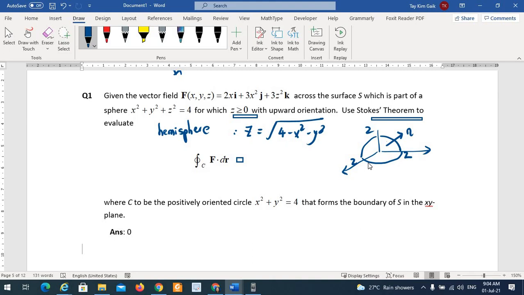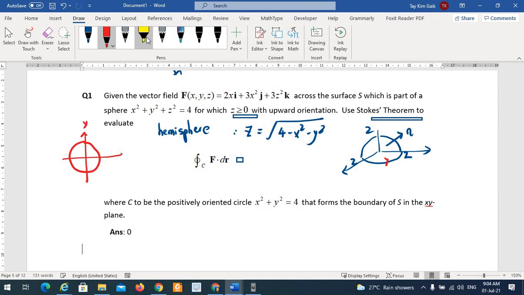Use Stokes theorem to evaluate the line integral where the curve C is on the xy plane, because it is the circle x squared plus y squared equal to 4 when z is 0.